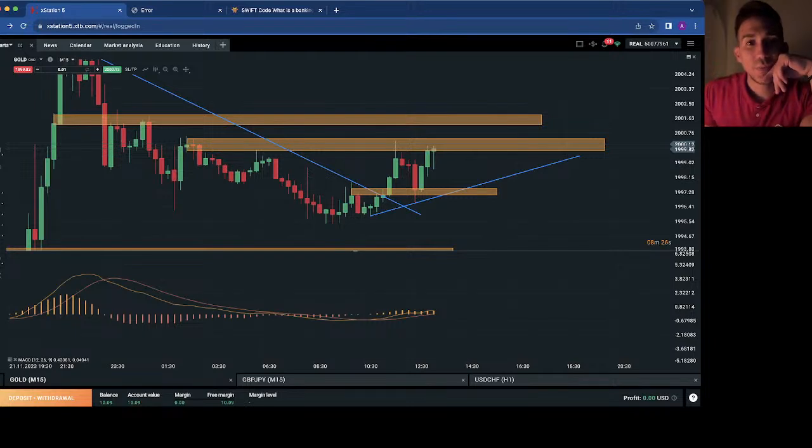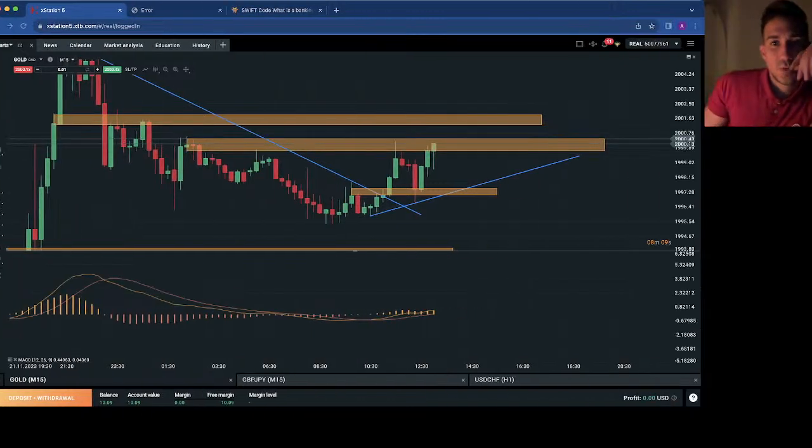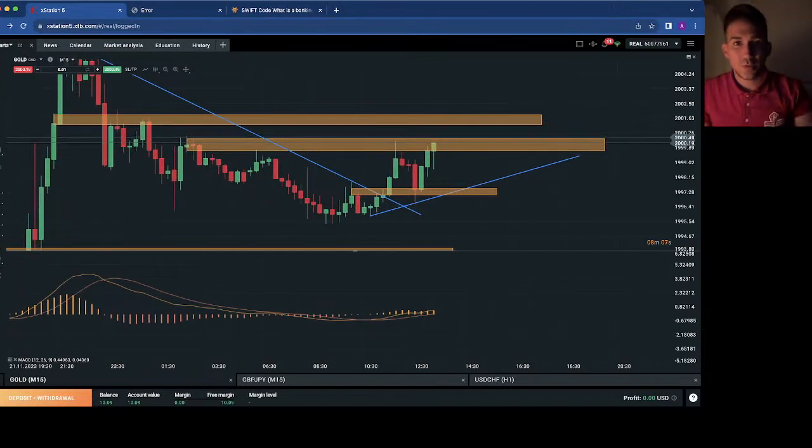Price is struggling a little bit yet. And here we go. Okay, now we're starting to see some move.